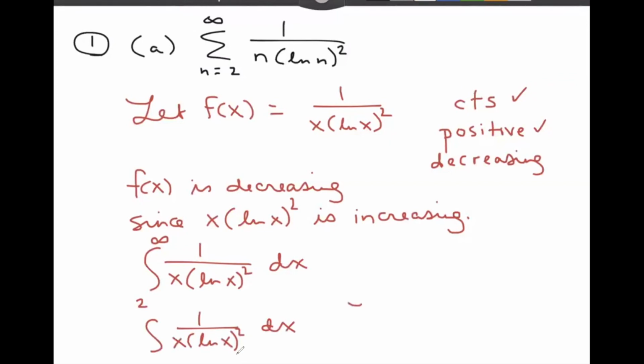If we let u equal natural log of x, then du is 1 over x dx, which means that the integral of 1 over x natural log of x squared is going to be equal to 1 over u squared du.